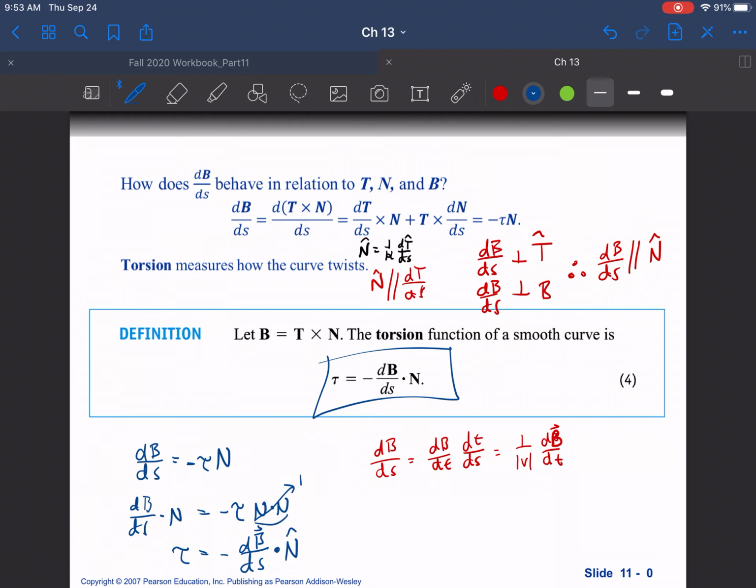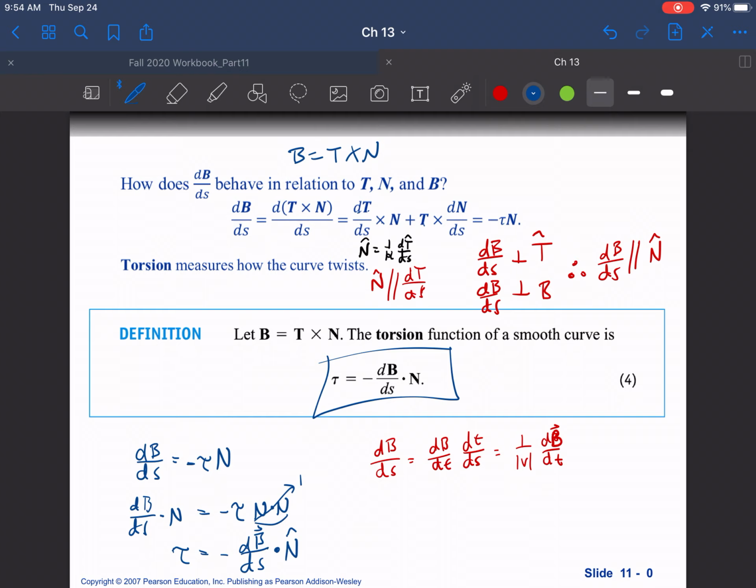So what we're doing is, how does dB/ds behave in relation to the tangent, the normal, and the binormal? Well, dB/ds is going to equal d/ds of T cross N, because that's what B is, right? B equals T cross N. And then we can apply the product rule there, and we have dT/ds crossed with N, and T crossed with dN/ds.